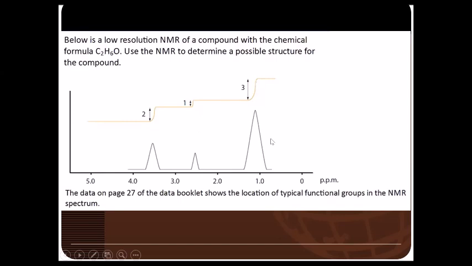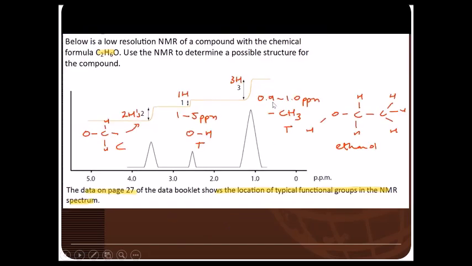Now, to work out what these protons might be, you're going to have to use, again, your IB data booklet, page 27, to see the functional group values. From that table, you see that between 0.9 to 1 ppm, we generally find your CH3 groups.